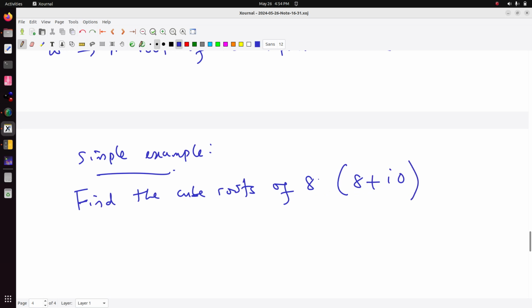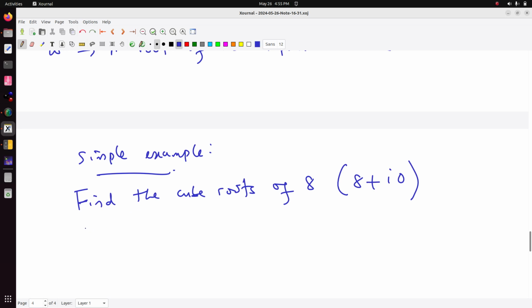If you write just the real part, it means the imaginary part is 0. Let's start from this simple example, then you can generalize to more complex numbers that have real and imaginary parts, where the imaginary part is not 0.